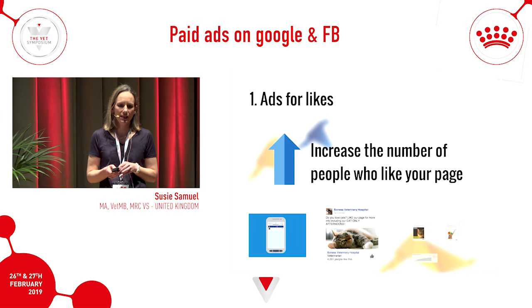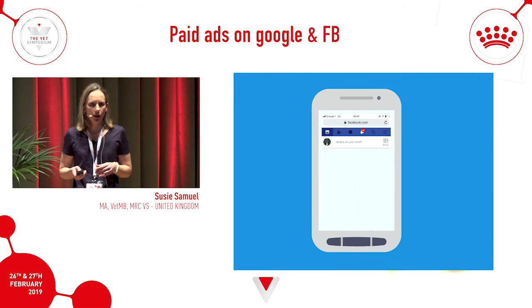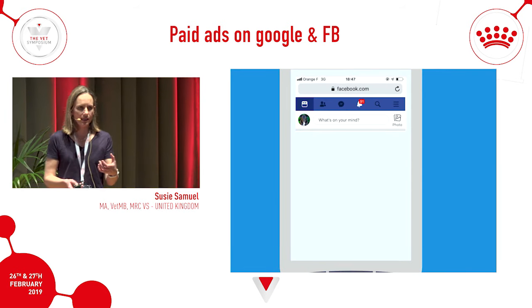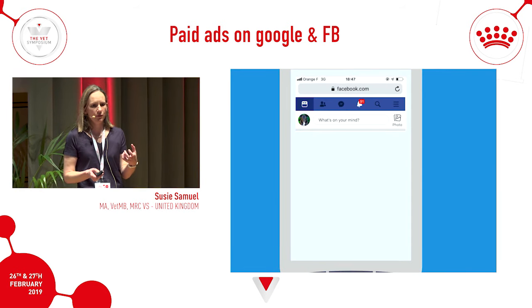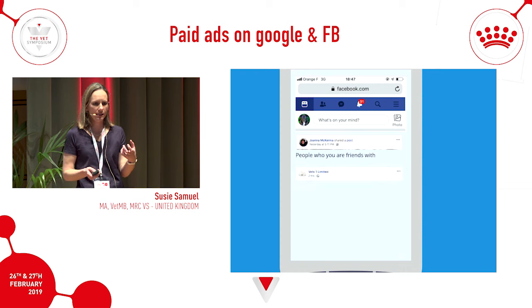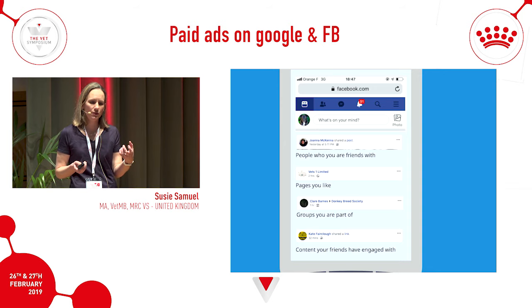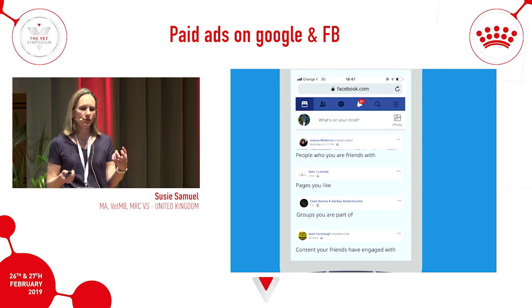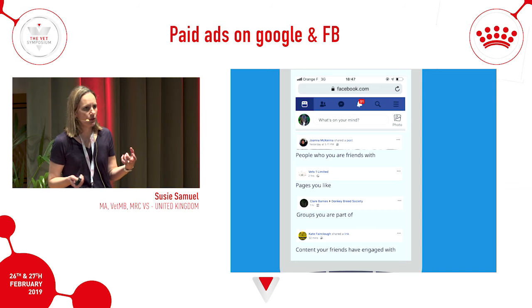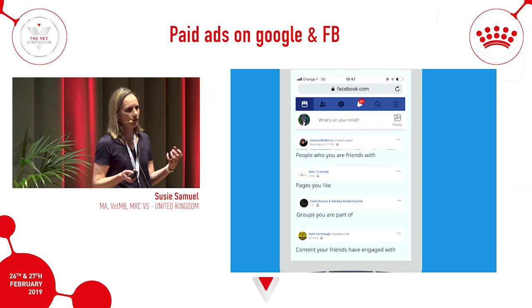When you log on to Facebook, on your newsfeed, you will only see information from 4 different places. You will only see posts from people that you're friends with. You'll see posts from pages that you like. You'll see posts from groups that you're a part of. And you'll see content that your friends have engaged with.